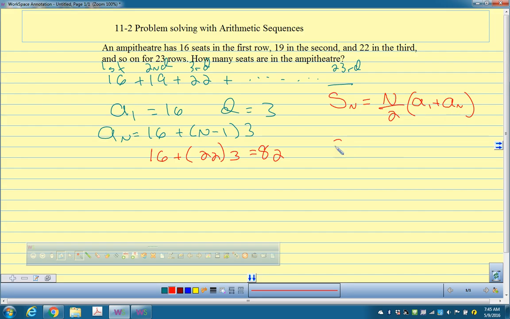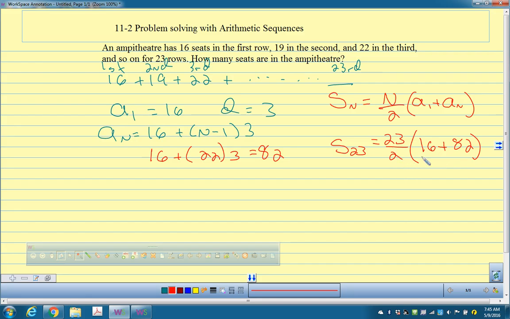In this case, S sub 23 means the sum of the first 23 terms. What number goes in for n? 23, over 2, what's the first term? 16. What's the last term? 82, and that's all you got to do.